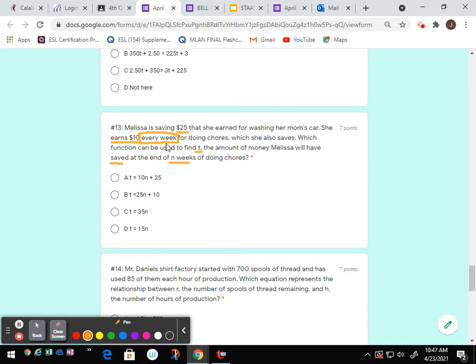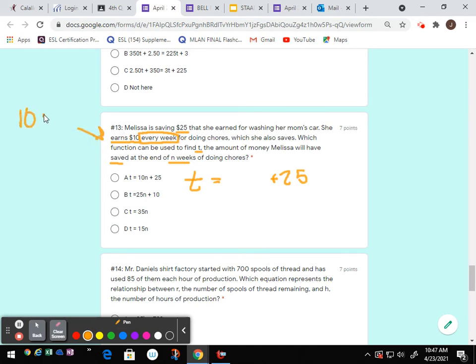Okay, so we want to know how much total money she's going to have in the end. We know that she started saving when she had $25. So we'll write 25. That's our initial starting point, plus 25. We started off with $25. She earns $10 per week, every week, so that's where our N is going to come into factor.